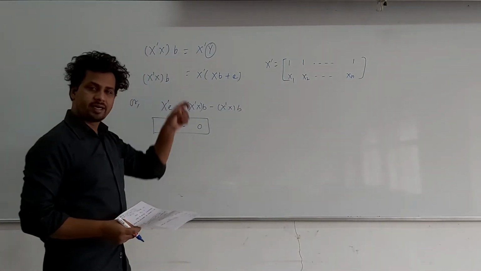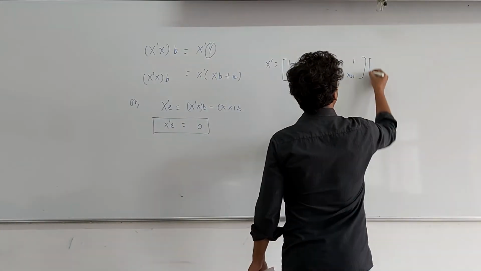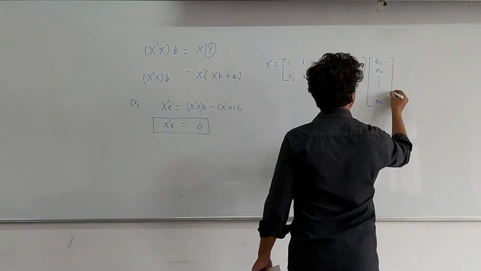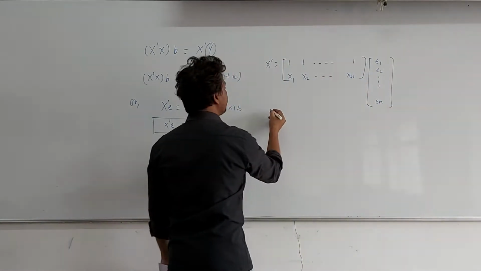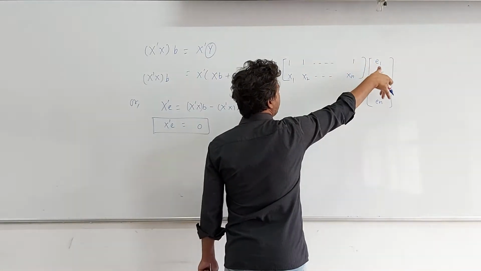E is a column vector consisting of n observations on residuals. So E will be written as E1, E2, so on till En. Now X transpose E, the first element of this product, if you notice, will be the first row multiplied by the first column.